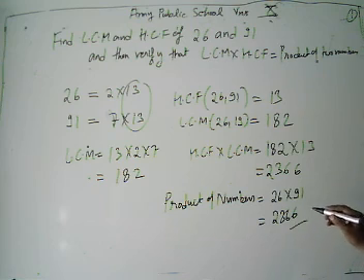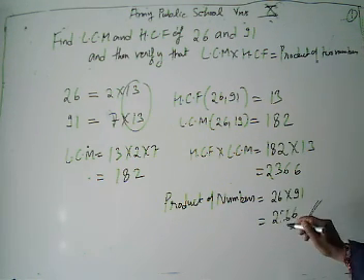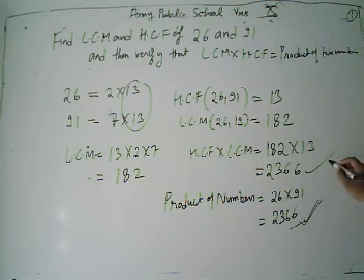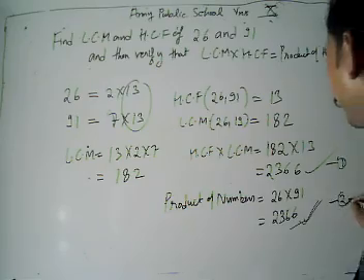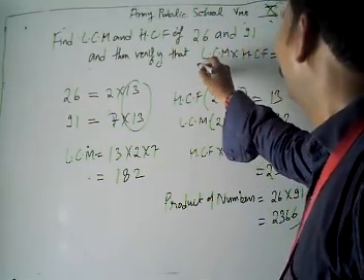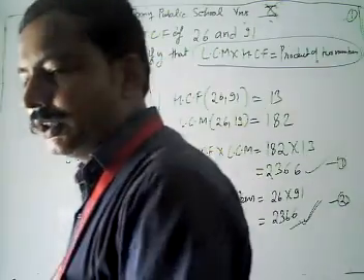Now look, our product of numbers is also 2366. Our product of HCF into LCM is also 2366. From 1 and 2, what do we verify? From 1 and 2 we verify that LCM into HCF is equal to the product of two numbers.